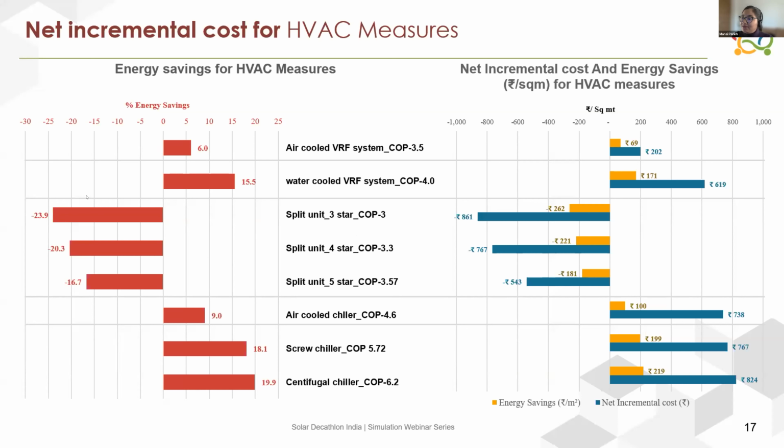We have negative energy savings, and since the overall system cost for split AC was roughly around 40 lakhs and for VRF roughly around 64 lakhs, the net incremental cost in this case is also negative. And then we suggested to the client to go for the centrifugal chiller with COP of 6.2 in this particular case.